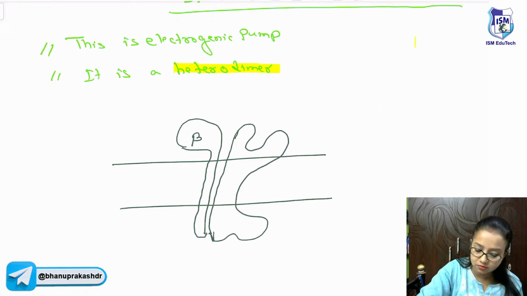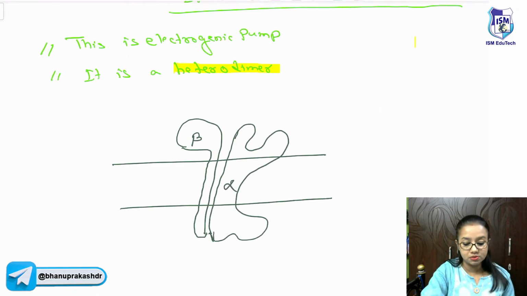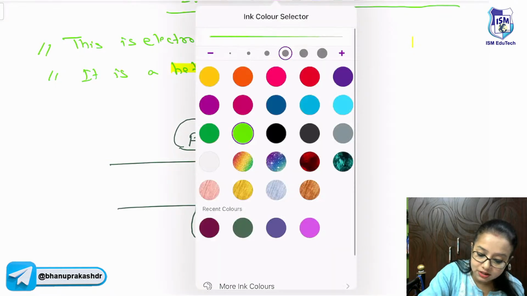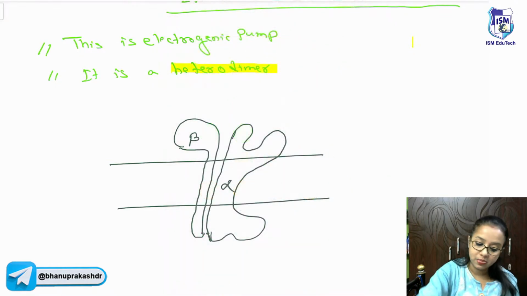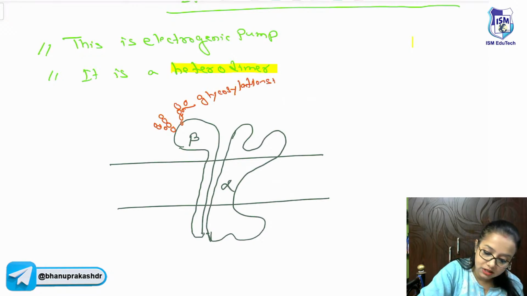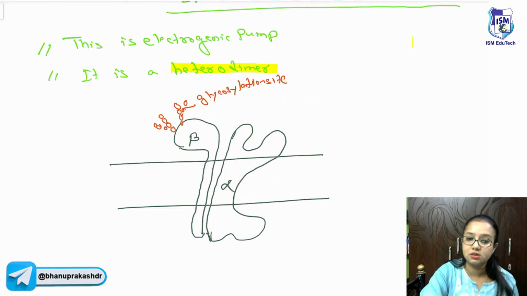The structures are all obviously hypothetical. This is the alpha subunit. Okay, now this subunit, they have got multiple structures in it. Okay, the beta subunit, it does not have any binding site as such. It just has three sites for glycosylation. It is the glycosylation site. Okay, site for glycosylation.